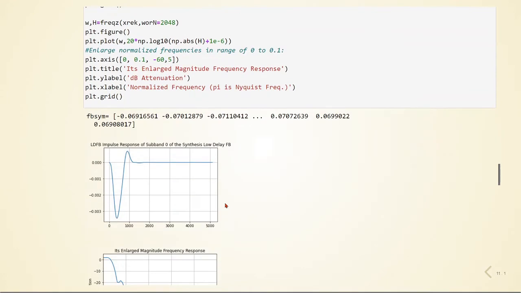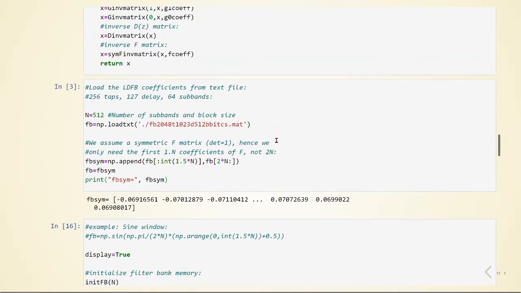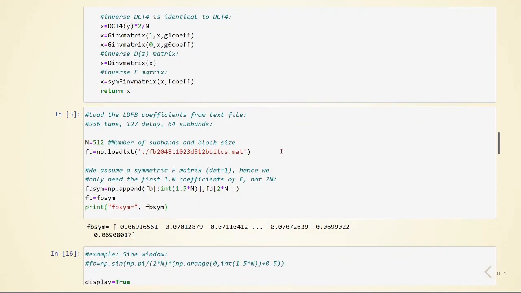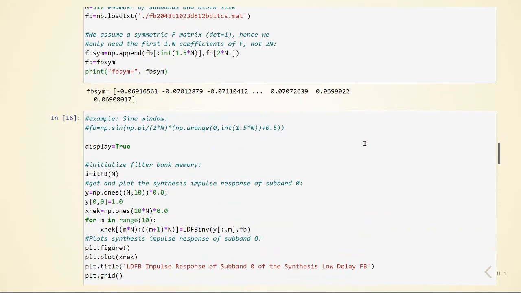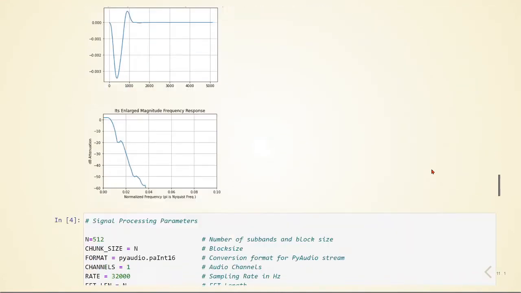So now this is the same example like we did for the fast implementation of the MDCT, but now we are using this low delay filter bank implementation using delay matrices, maximum delays, minimum delays, and we also have the coefficients of the filter bank given by numerical optimization, and you can refer to the multi-rate signal processing to see how to obtain this.